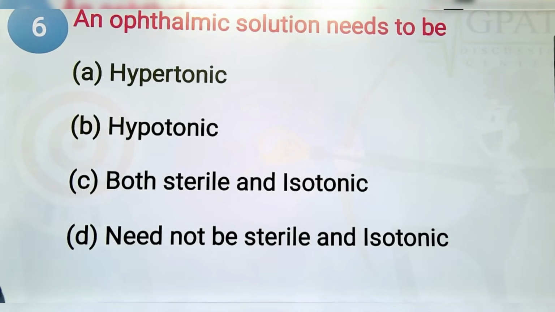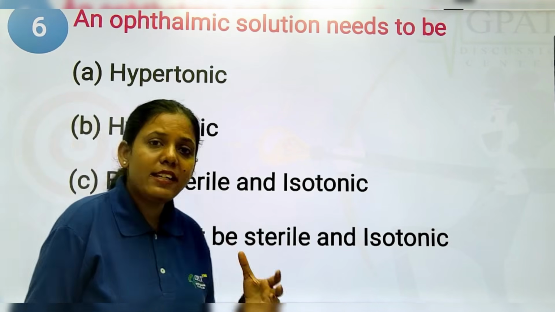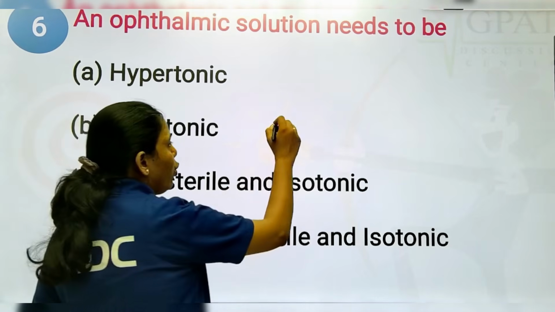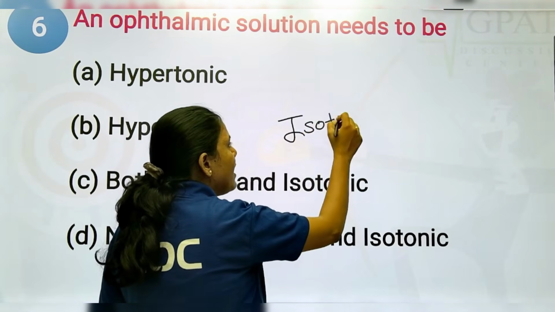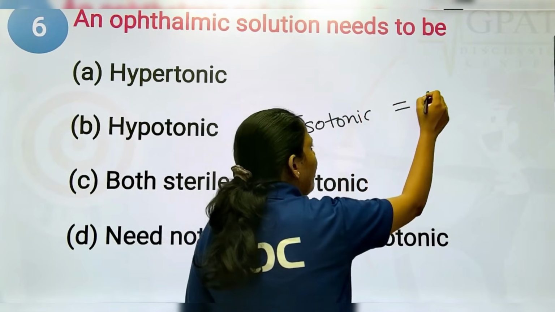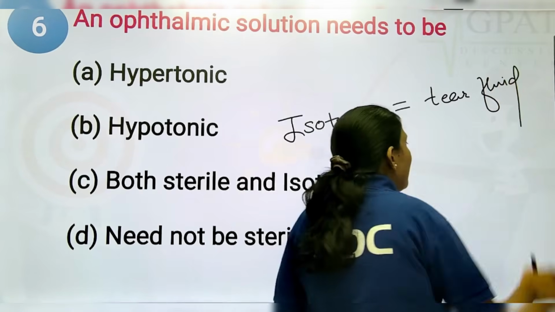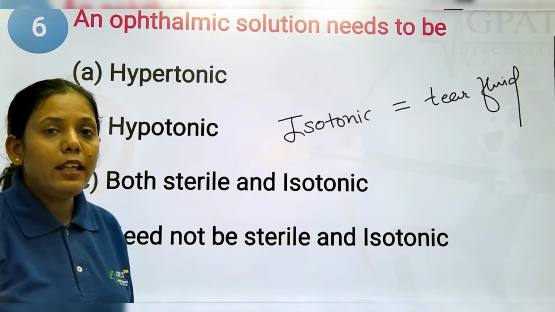Option A is hypertonic, option B is hypotonic, option C is both sterile and isotonic, option D need not be sterile. Now remember, if you are instilling anything into the eyes, first of all it has to be isotonic. That means it should have the same osmotic pressure as that of the tear fluid. So we are considering that it has the same tonicity as the tear fluid.